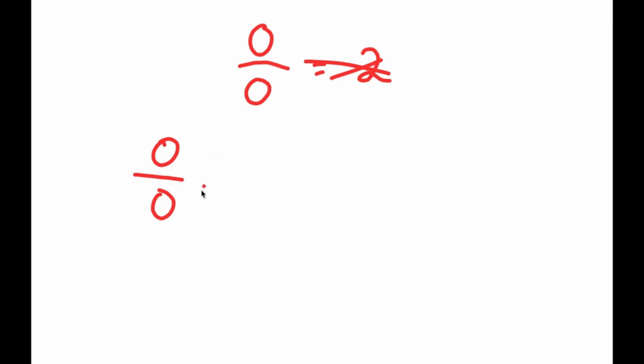Well, 0 over 0, this is the same thing as 0 is the same thing as 1 minus 1, meaning 0 over 0, I can write this as 1 minus 1 over 1 minus 1, right? And this is right because 1 minus 1 is 0, so this is the same thing as 0 over 0.